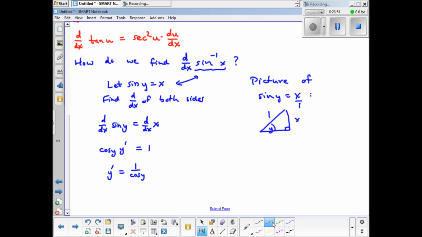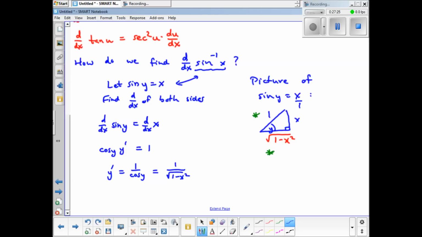The Pythagorean theorem gives us the square root of 1 minus x squared for our adjacent side. So this statement here could be written as 1 over, and then cosine y, if you look at the diagram, is adjacent over hypotenuse, which is just square root of 1 minus x squared.